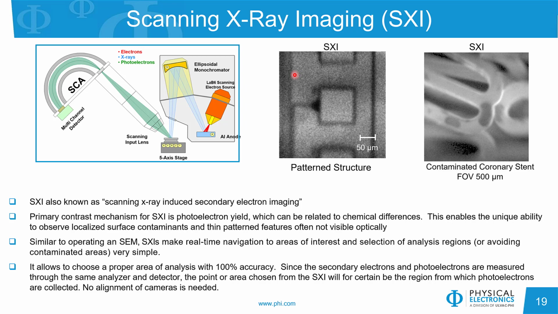Therefore, when we select an area for analysis, we have 100% confidence that we are producing our photoelectrons from the area of choice without any need for alignment. If you are using optical cameras within the instrument, there's always a need to align your analytical system and X-ray system to the optical images that you are selecting the area from.